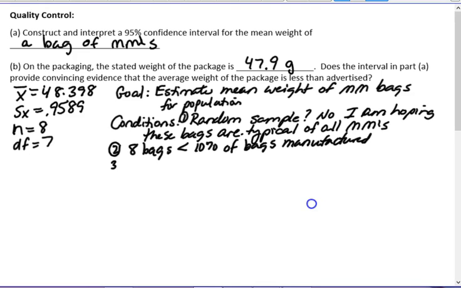Now, my normal condition. I don't know that the population of M&M weights is normally distributed. It probably is, just because that's the way machines of this type tend to work. They tend to cluster around the true population mean and have a few higher and a few lower, but I don't know for sure. So I'm going to check my sample, and certainly my sample size isn't greater than 30, so I'm going to check the graph.